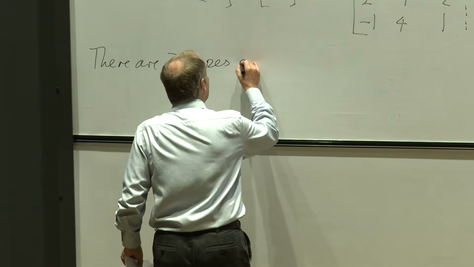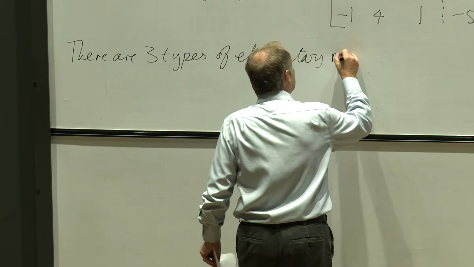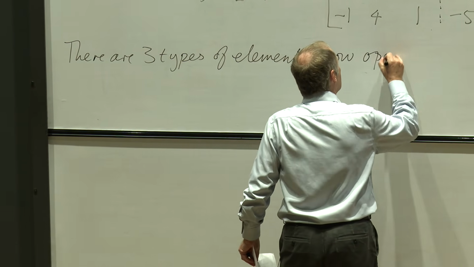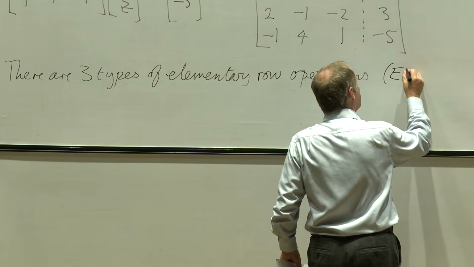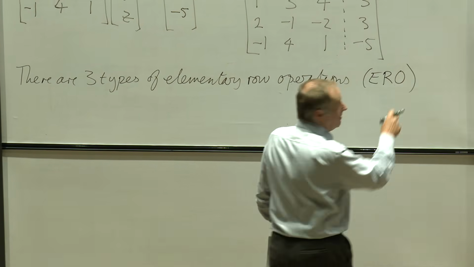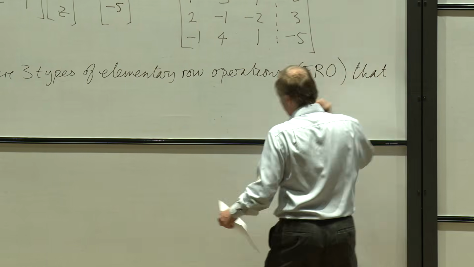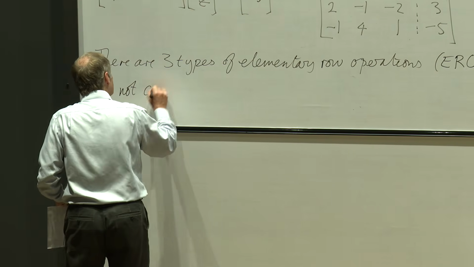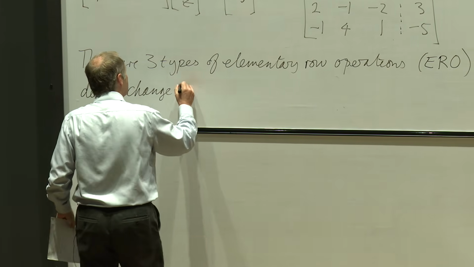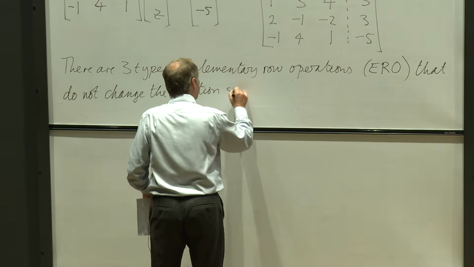Okay, there are 3 types of elementary row operations. So I'm not going to write this all the time, so I'm going to call this an ERO, an elementary row operation. And they do not change the solution set.